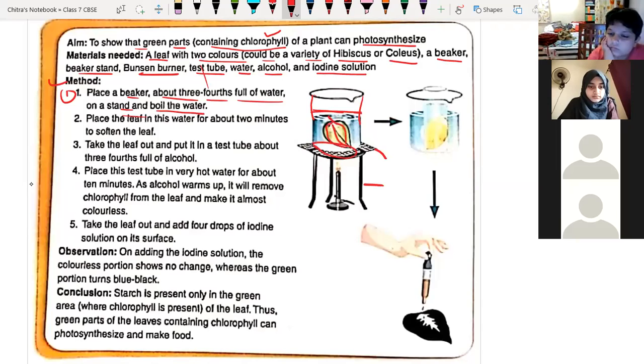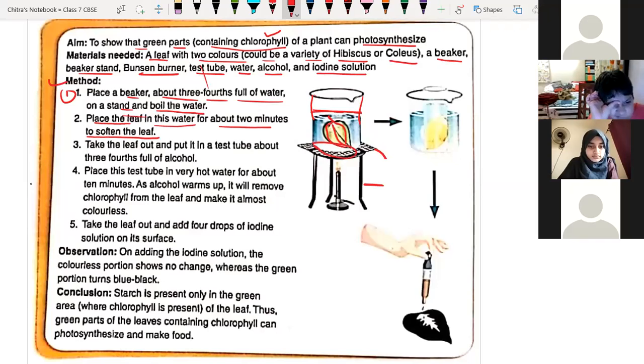So when we boil, what will happen? Place the leaf in this water for about 2 minutes to soften the leaf. So we have to boil for up to 2 minutes, by which the leaf will become soft.